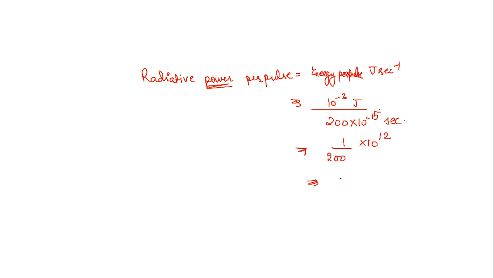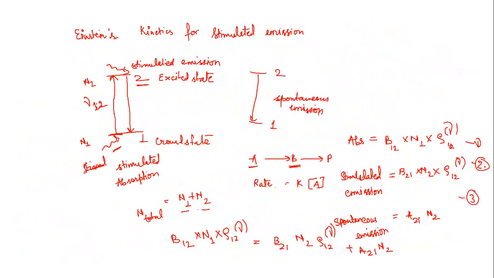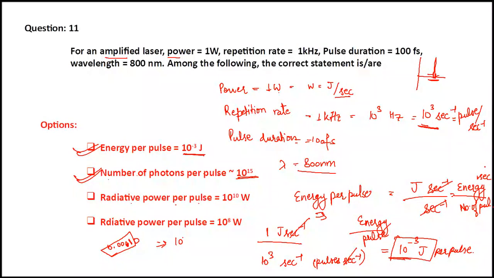And if you do 1 upon 2, it is 0.5 into 10 to the power 12 upon 10 to the power 2, so it will come to be 0.5 into 10 to the power 10. Since it is joule per second, we'll write it in terms of watt. So the radiative power per pulse will be the energy per pulse upon the time of the pulse.